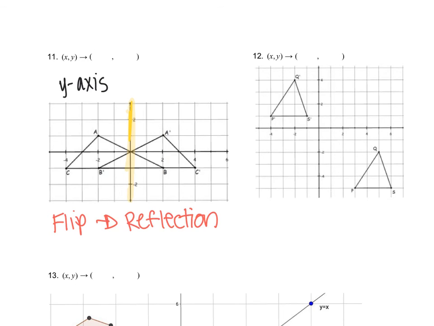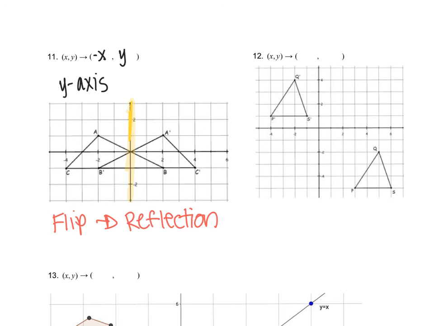When we reflect across the y-axis, we make X its opposite sign, and we keep Y the same. From A to A prime, A went from (-2, 1) to (2, 1). So Y stayed the same, but X got its opposite sign.